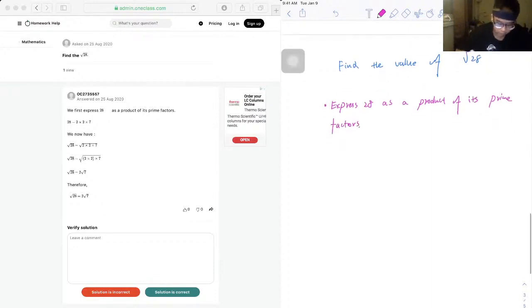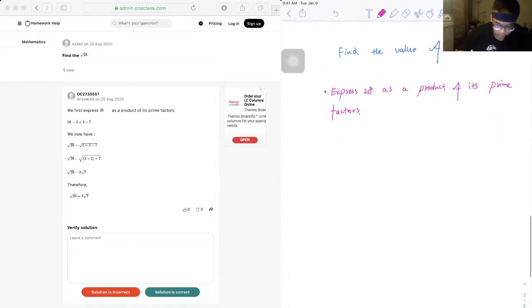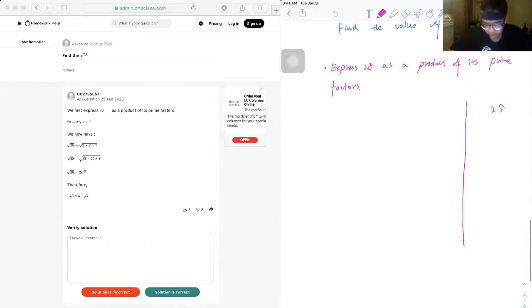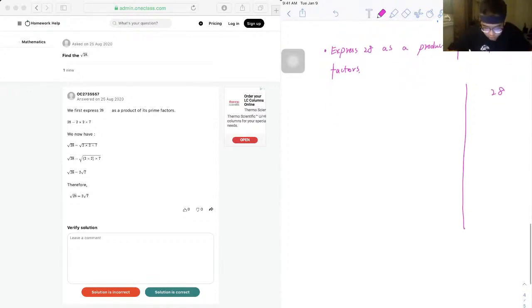Right. So you don't need to show this part in your answer paper. That's like a draft. So 28 is equal to 4 times 7, and since 7 is already a prime number, we don't need to worry about that, so we can leave it there. And 4 is equal to 2 times 2, and we can stop there because 2 is a prime number as well.